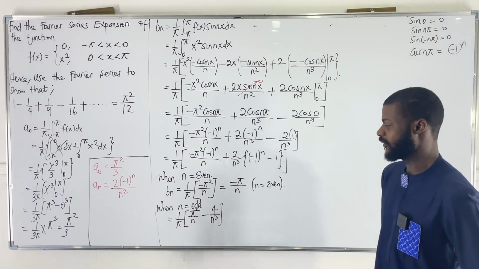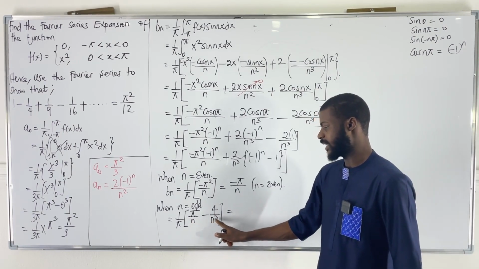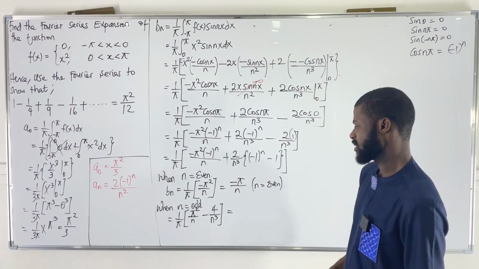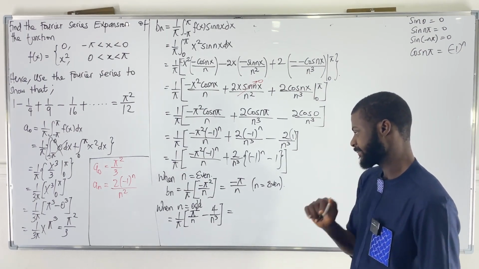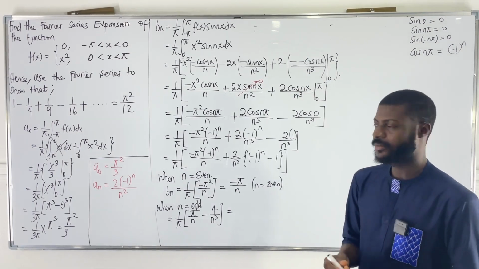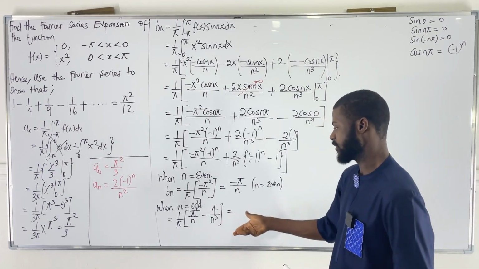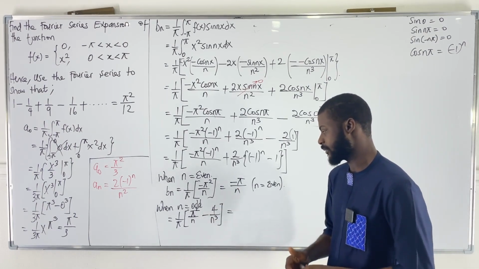There's really no way for us to simplify this apart from saying that this is n and this is n cubed. You know what? Hold on. I want to do something. I know that when putting this expression into a Fourier series, I need to factorize the constant out.